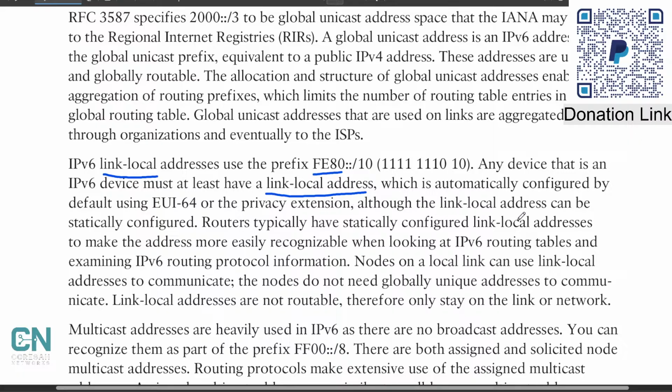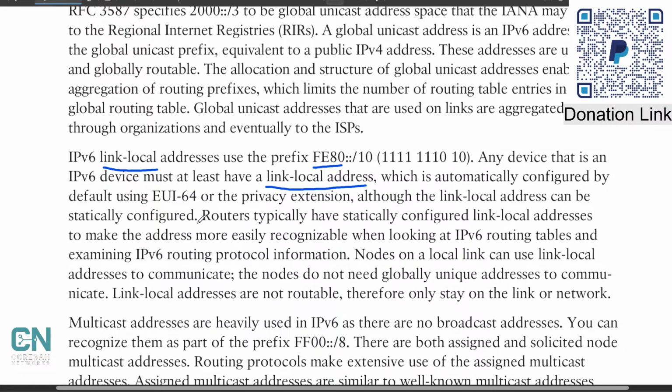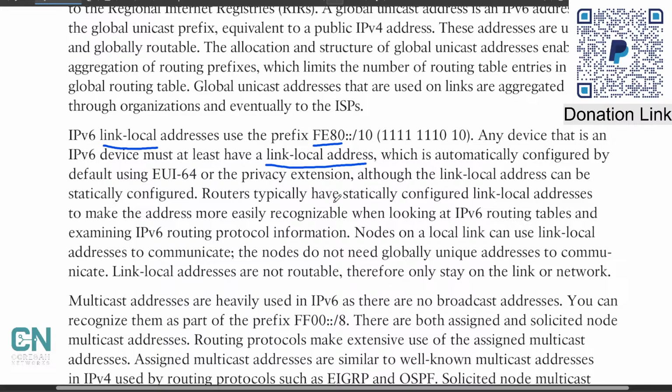Although the link local address can be statically configured, routers typically have a statically configured link local address to make the address more easily recognizable when looking at the IP version 6 routing table and examining IP version 6 routing protocol information.